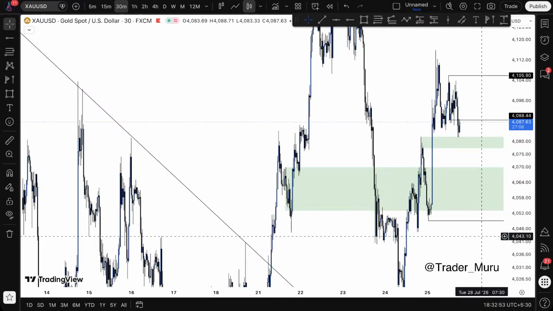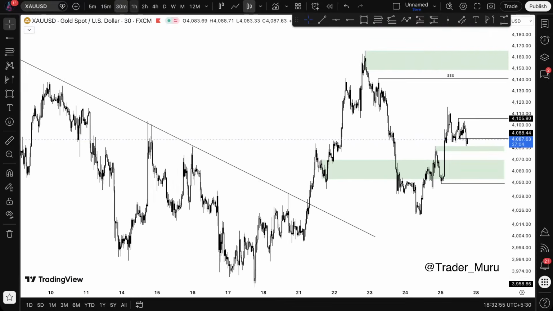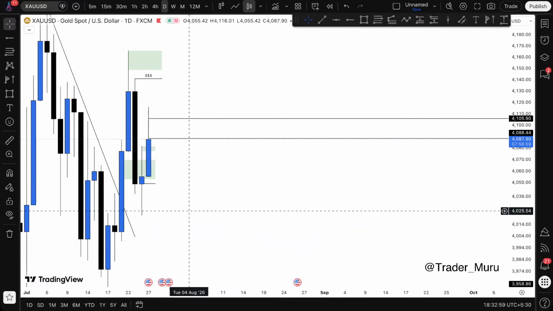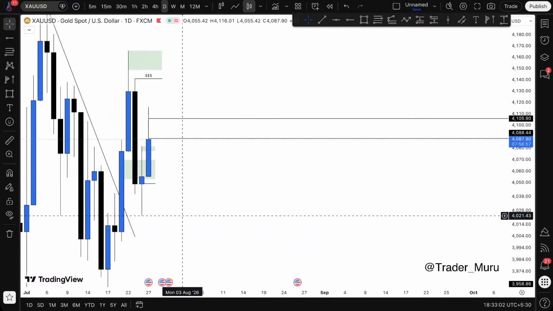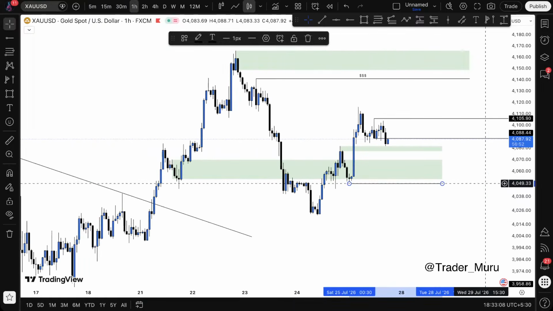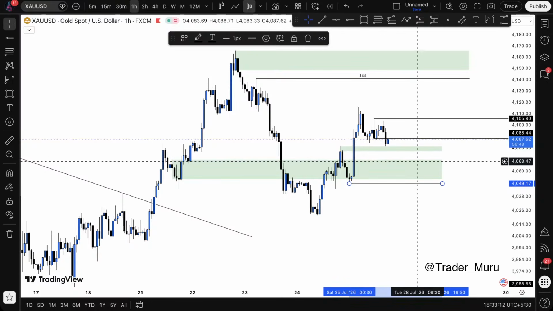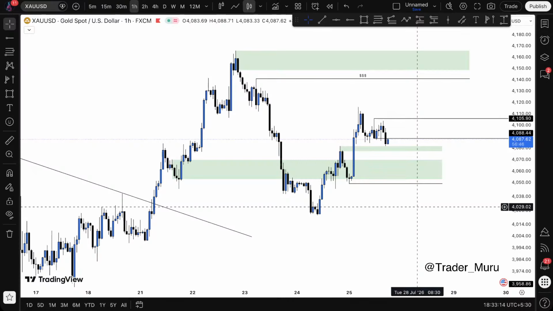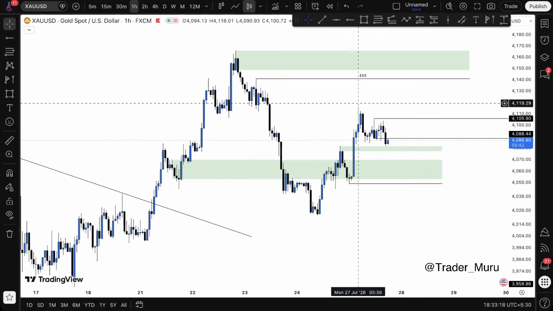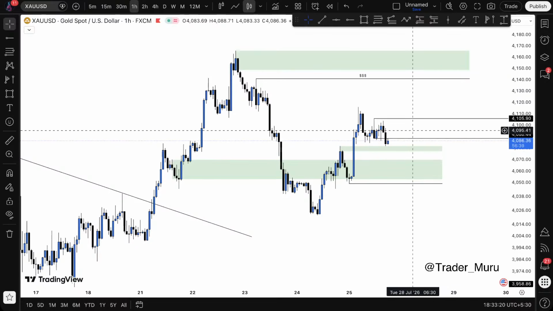If price breaks the Friday low here, for that situation it needs to change the 1 hour structure, which is a break below 4049, and then on the retest you can short. But before this break we are making higher highs and higher lows. Better to follow it.